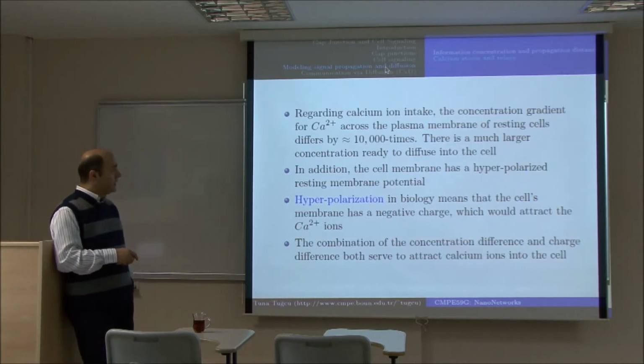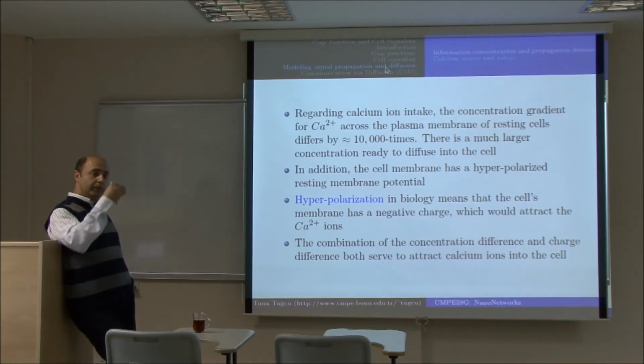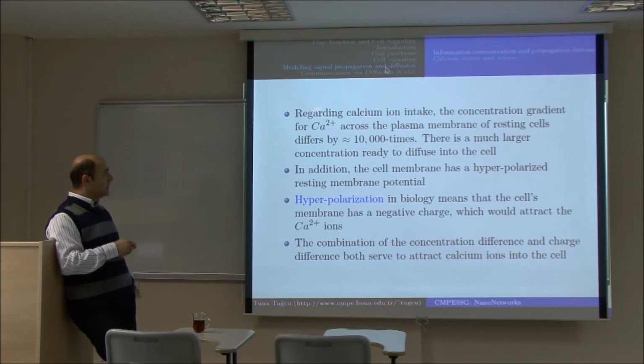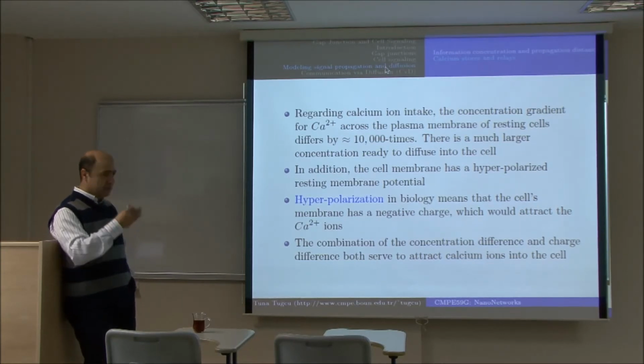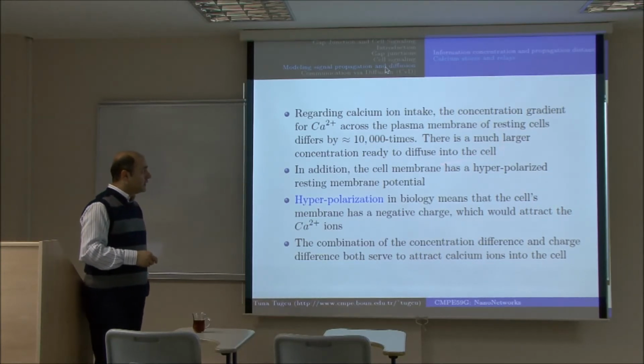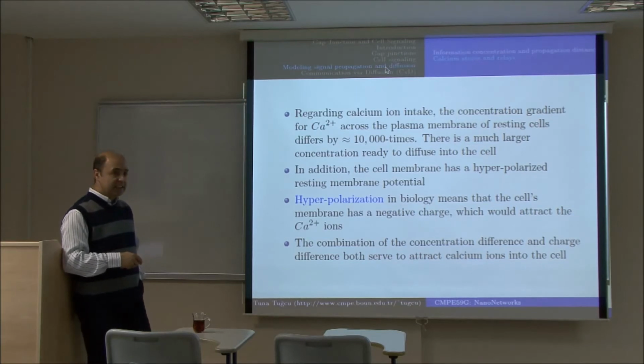If you look at calcium ion intake from the environment into the cell, the concentration gradient for calcium across the cell membrane of resting cells, that means without the first trigger, differs by approximately 10,000 times. So there is a much larger concentration in the environment, ready to go into the cell.